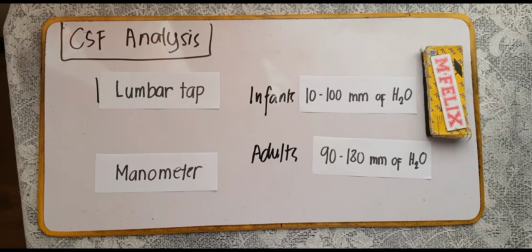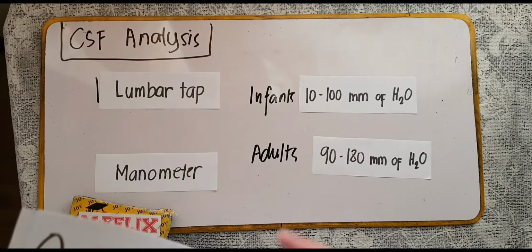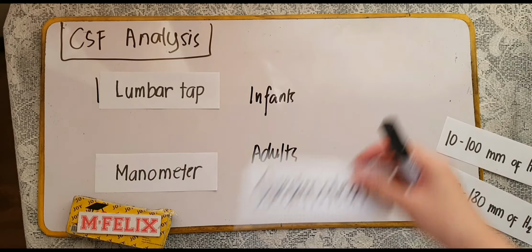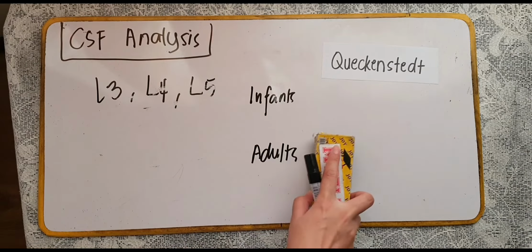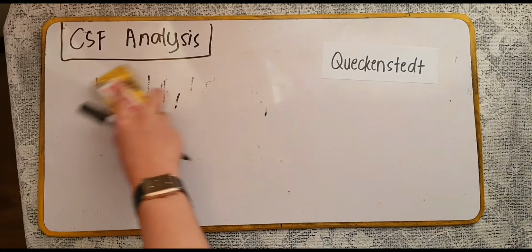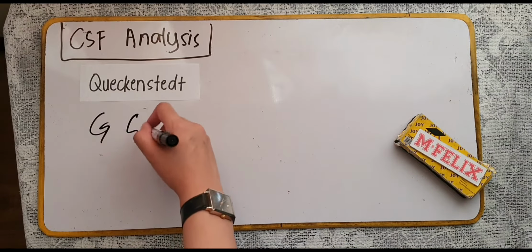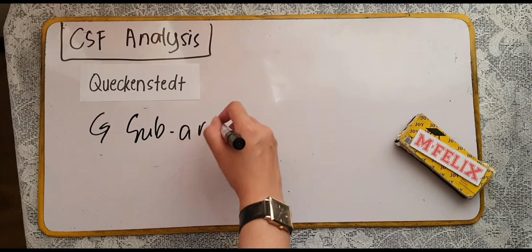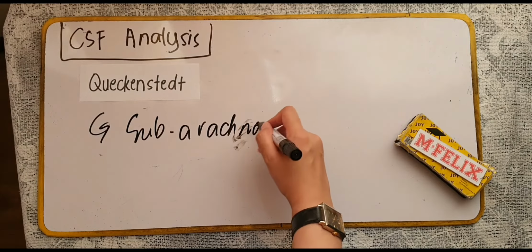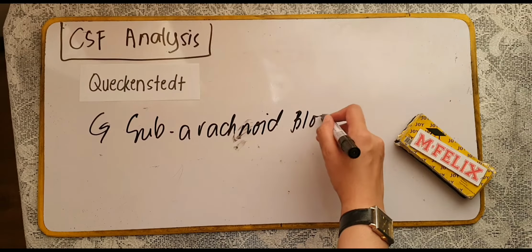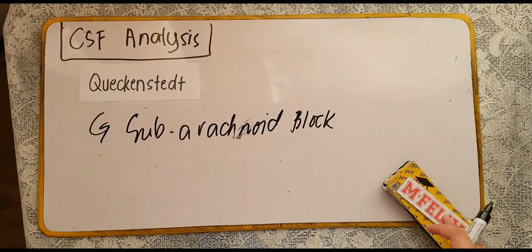Now, we have this what we call test. We have your Queckenstedt test. Okay, this method class, it is used to confirm subarachnoid block.